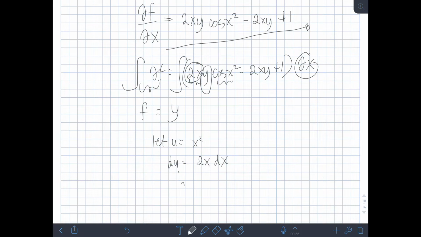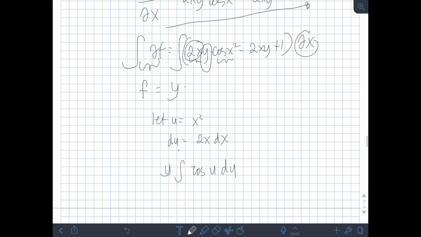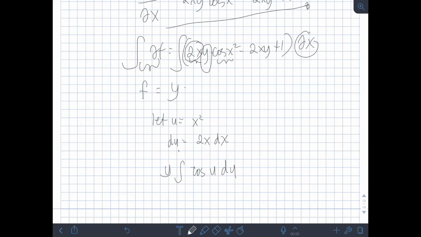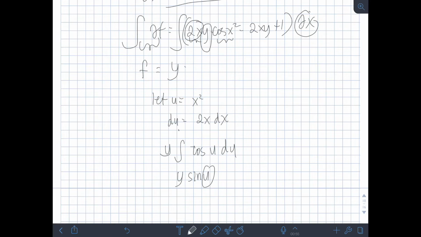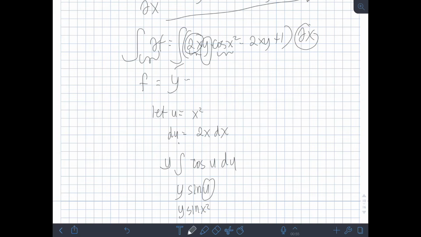So, magiging integral ng, di ba itong y constant, sa gilid na lang, cos u du, right? Integral ng cos u is sin u. Okay, so we have y sin u, and then yung u balik natin sa x squared. So, y sin x squared.